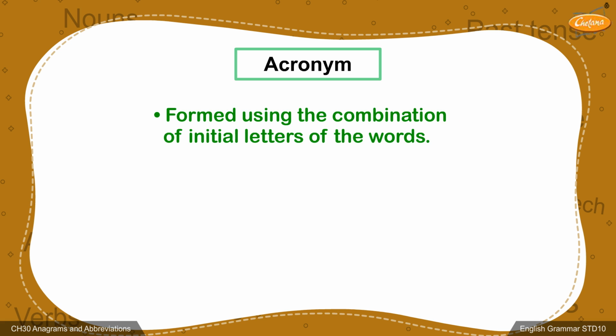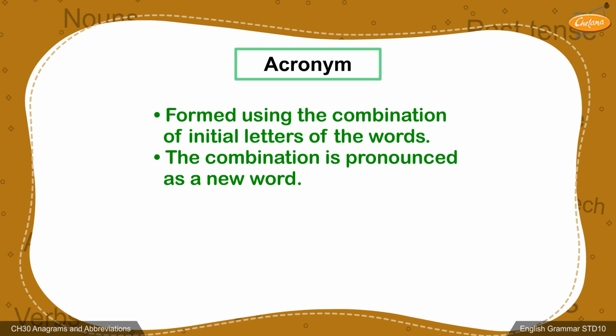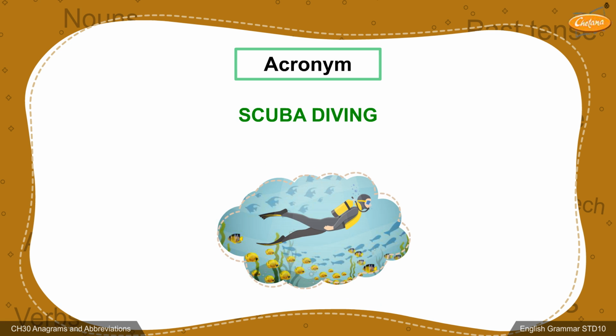However, an acronym is also formed by using a combination of initial letters of the words. But unlike initialisms, here the combination is pronounced as a new word itself. For example, students, you must all be familiar with the term scuba diving.